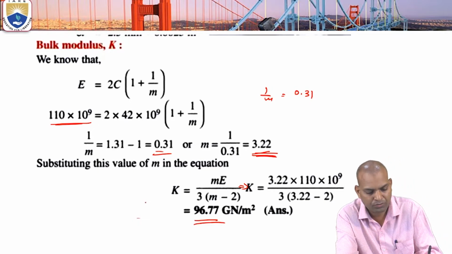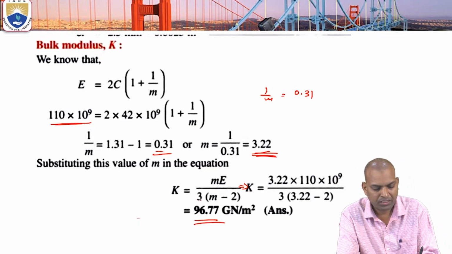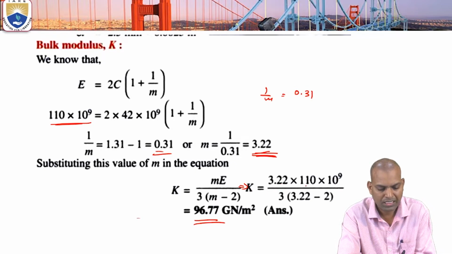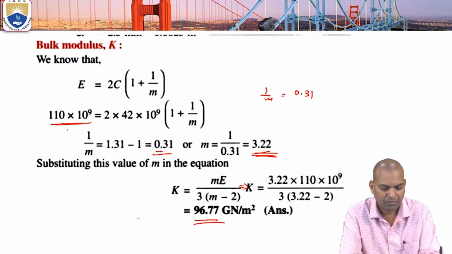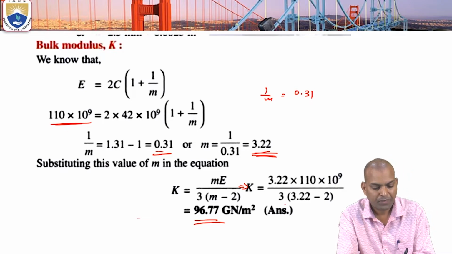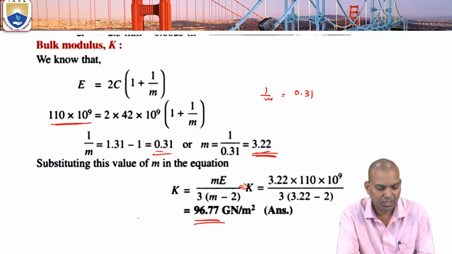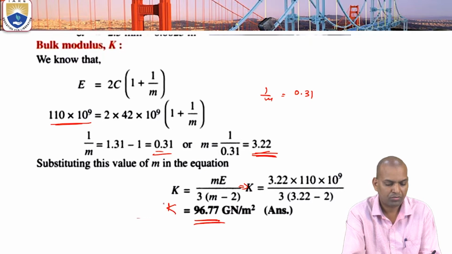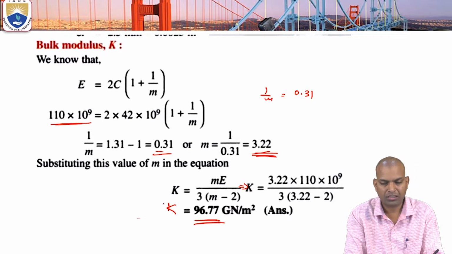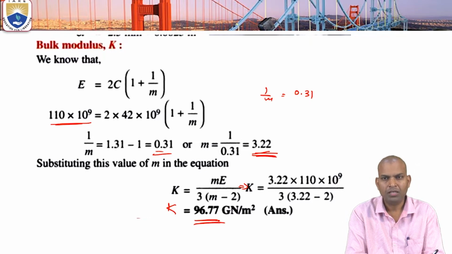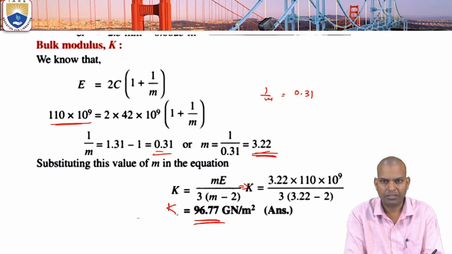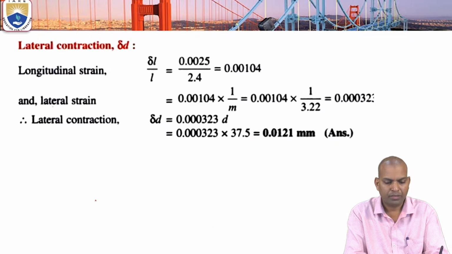K equal to 3.22 times E, 110 into 10 power 9 Newton per meter square, divided by 3 times m, 3.22 minus 2. Then the bulk modulus equals 96.77 giganewton per square meter. This is the bulk modulus.